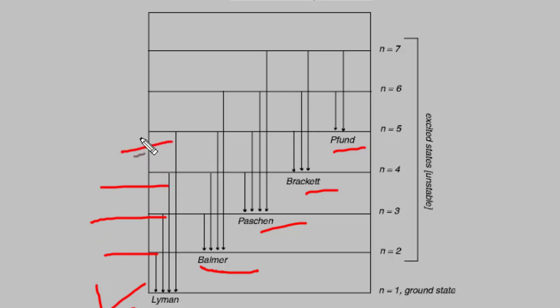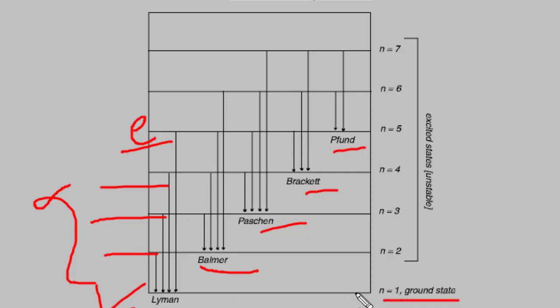What it is indicating is that if the electron is at level n is equal to 5, when it jumps to energy level 1, at that point the photon will be emitted. And the same way, it will happen for the other three states as well. That is called the Lyman series because all the electrons are jumping to energy level 1 from the higher energy levels.